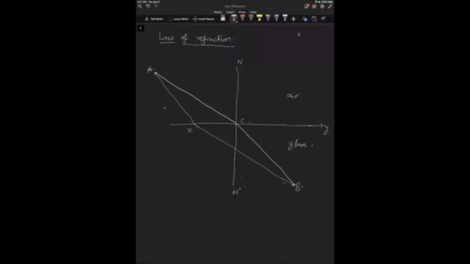Once again, I've drawn the normal to the surface, to the interface, which is NN prime, and then I'm showing the various points along. I'm characterizing where the beam hits the surface that has a coordinate which I'm calling y in this case.